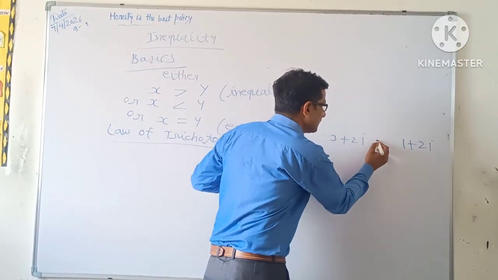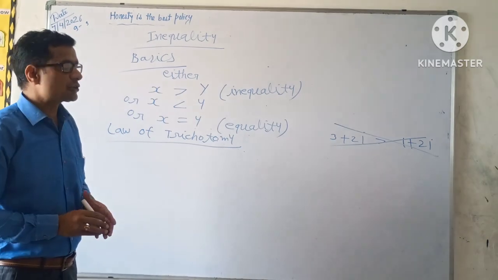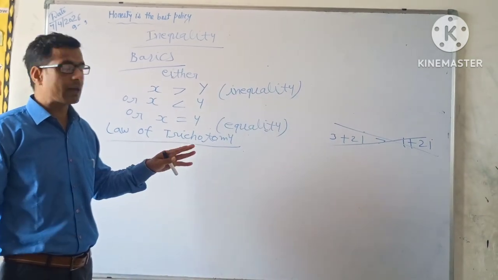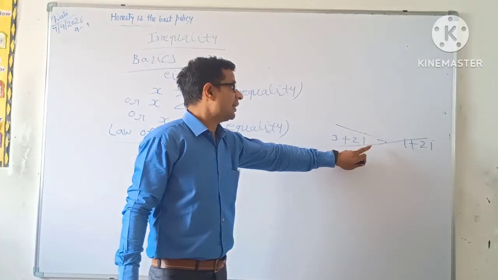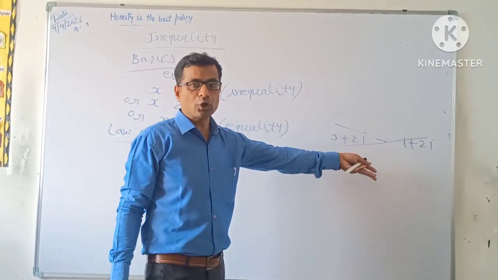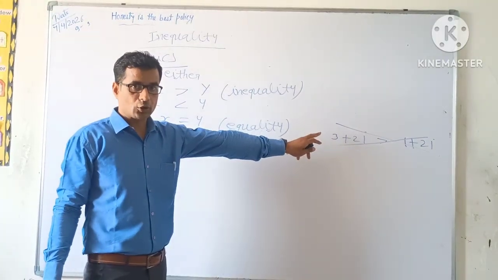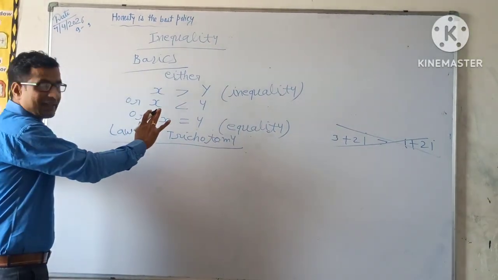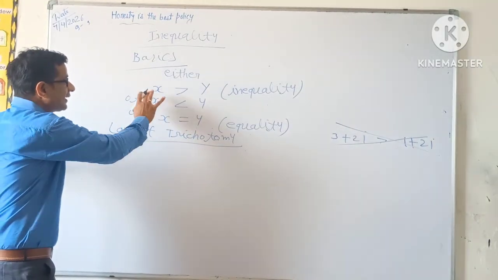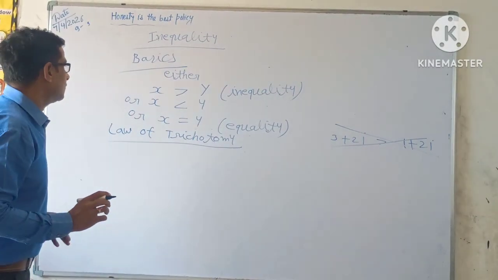We cannot say that one is greater than the other. Only real numbers hold this property, that according to the law of trichotomy, either x is greater than y, or x is less than y, or x is equal to y.